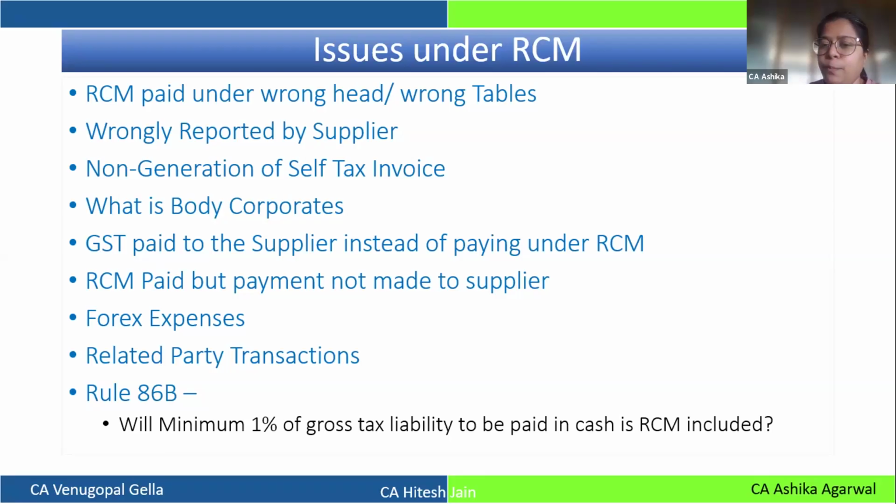Third, no scenario is possible where what has been paid can be adjusted. Either you have an option, you claim the refund of what has been paid under the wrong head and pay under the correct head. Or you write it off while filing your 9C as wrongly paid.